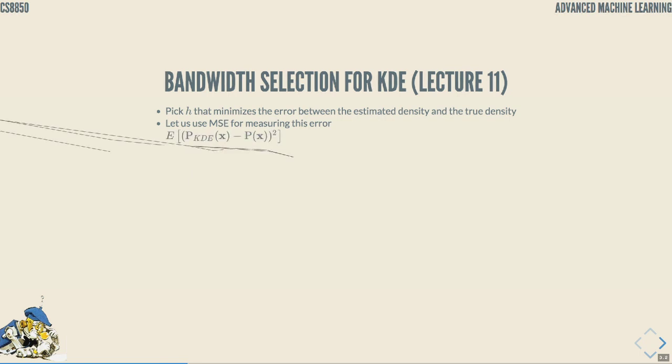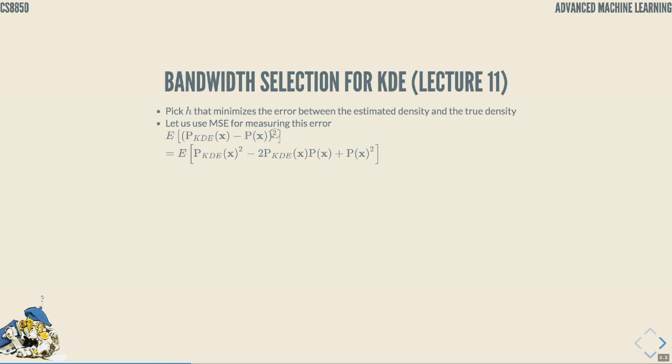Let's try to erase this. So the mean squared error is nothing but the difference between our estimate and the true density squared, and we want to minimize that distance, even though we don't know the true density in this case. But the point was to show that if we open up the square, we'll get that.